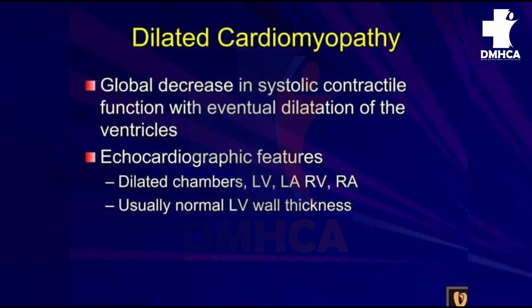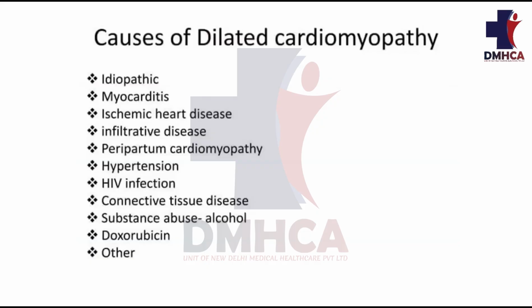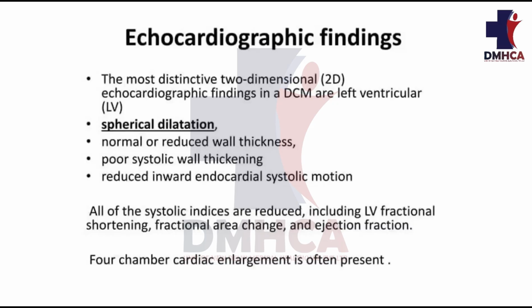Mainly, dilatation is the important thing. So, what are the causes? Idiopathic, myocarditis, ischemic heart disease, infiltrative disease, peripartum cardiomyopathy, or the patient is having hypertension or connective tissue disease. These are the main causes of dilated cardiomyopathy.